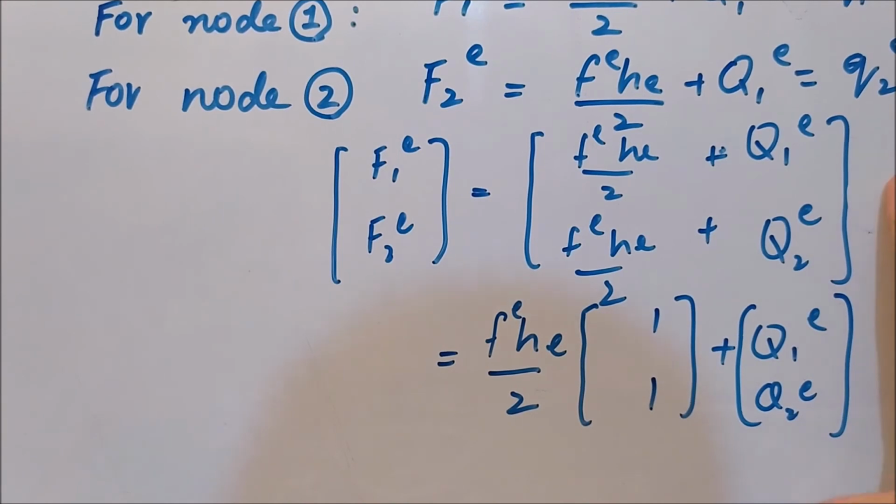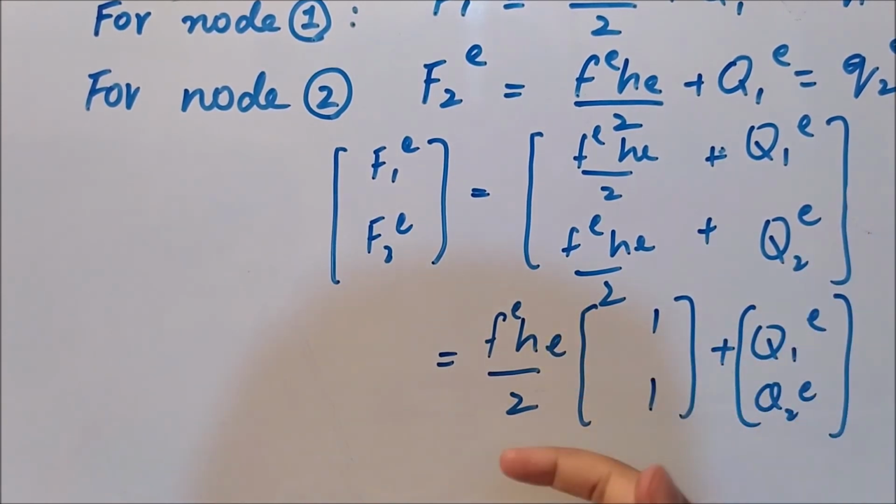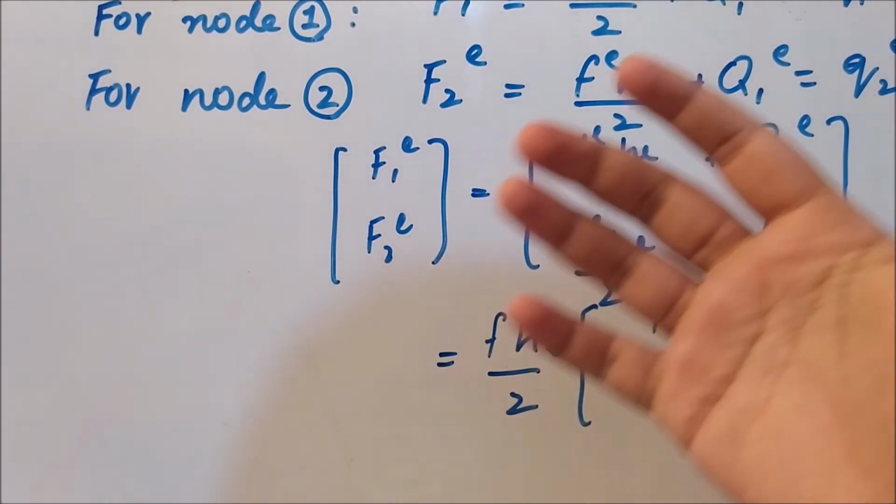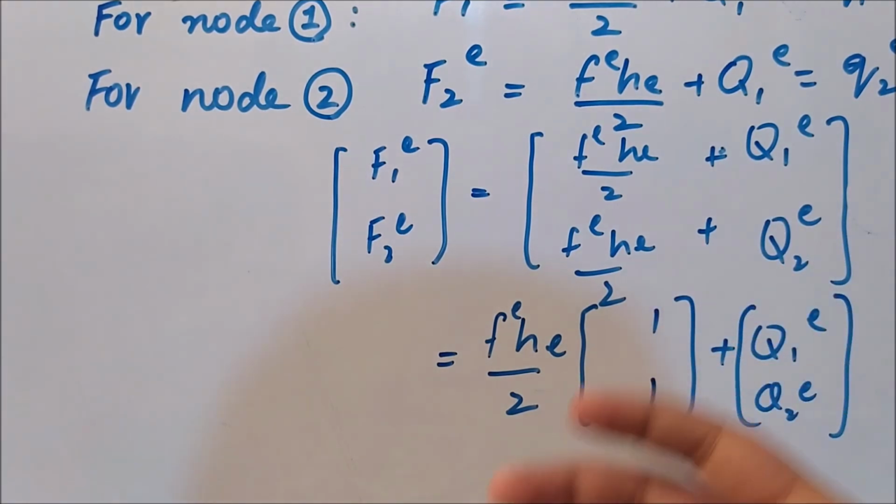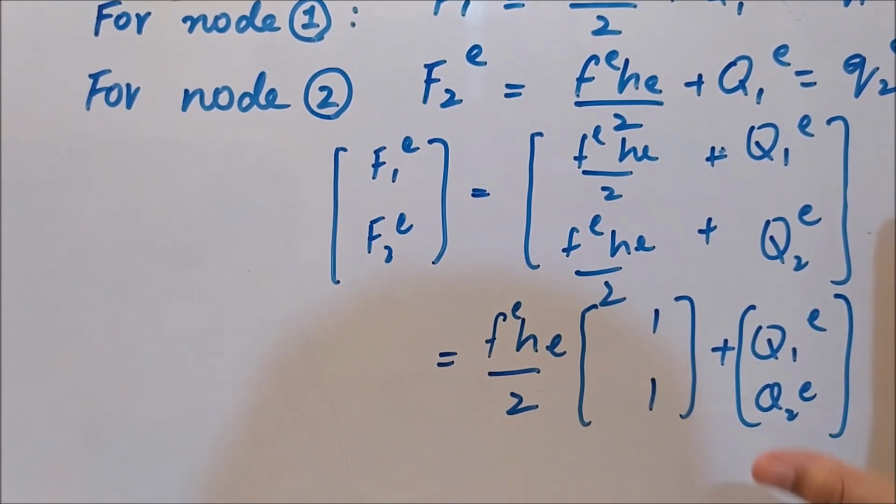This is the force vector for a linear element that has 2 nodes in it, and you can derive the same force vector when we have a quadratic element or cubic element and so on. So this is an element level algebraic discrete system for a force vector.